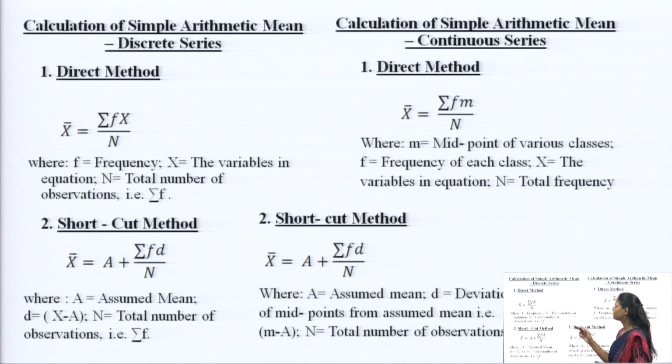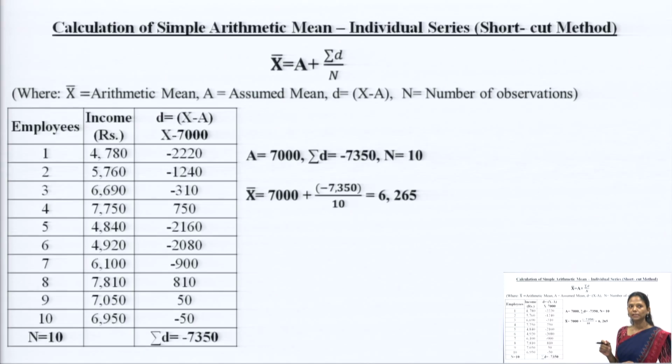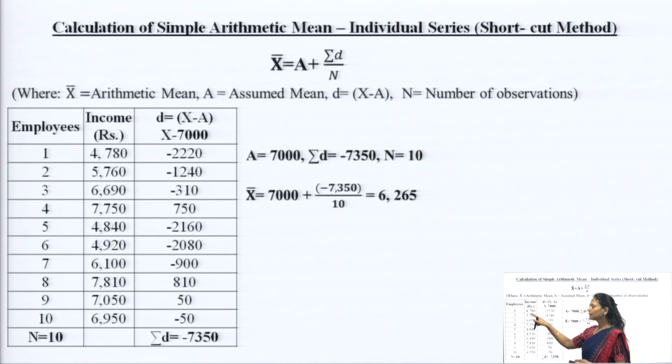In direct method, when we talk about a discrete series, I will tell you what is a discrete series in the next question. Direct method, what we are supposed to do, there is a frequency given. What is a frequency? For example, if we take the last example, this income 4780, it is for how many people? This income of 4780 is given to how many people is called a frequency.